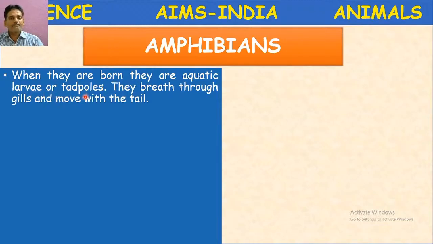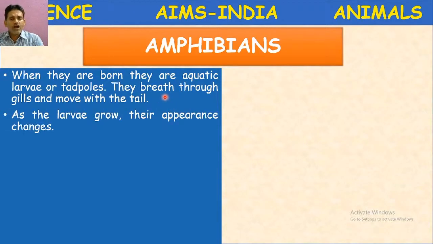The larva of an amphibian, for example frog, is called a tadpole. This tadpole breathes through gills and moves with the help of a tail. So there are a lot of changes we observe in the larva and adult.